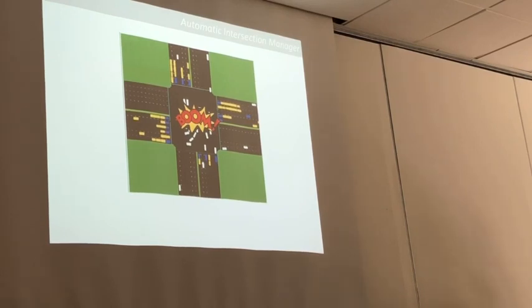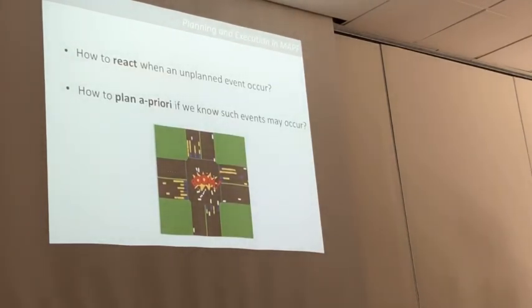So when this occurs, what is the most important thing to do? First of all, to know who to blame, right? There is actually work on that: which agent malfunctioned to cause this collision? But this is a joke. What we do want to know is how to react when something changes.